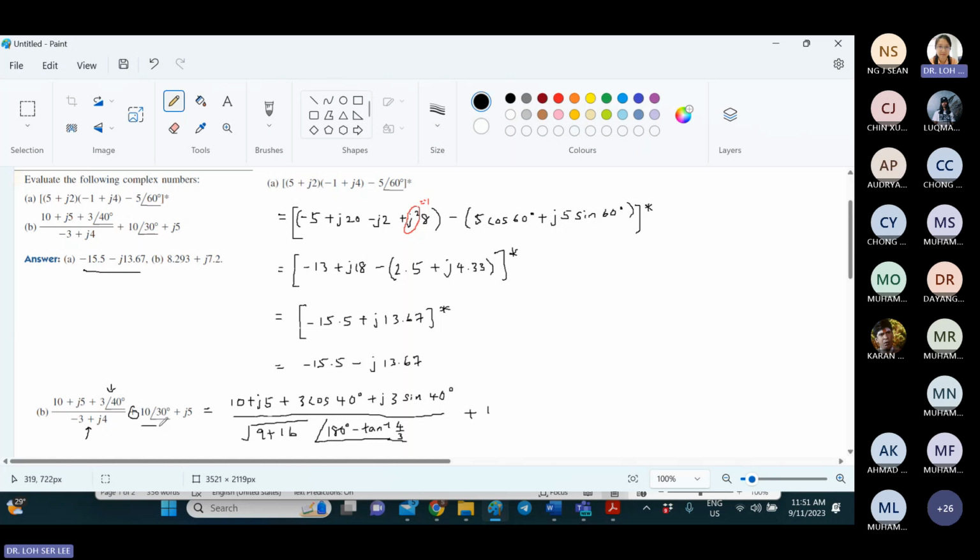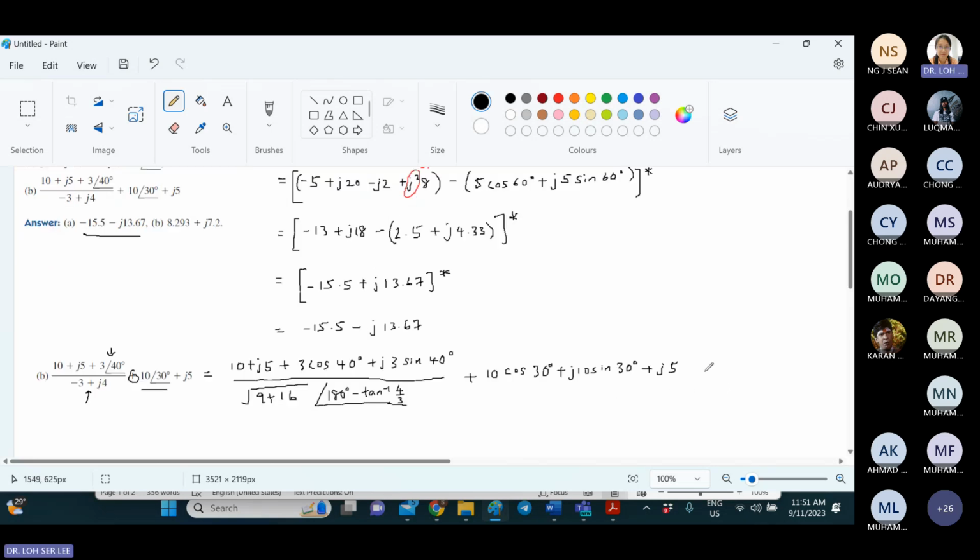So we have to change this into rectangular form. Okay, 10 cos 30 plus j 10 sine 30 plus j5. Okay, so simplifying.